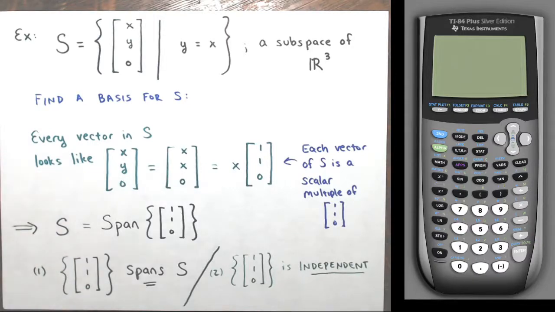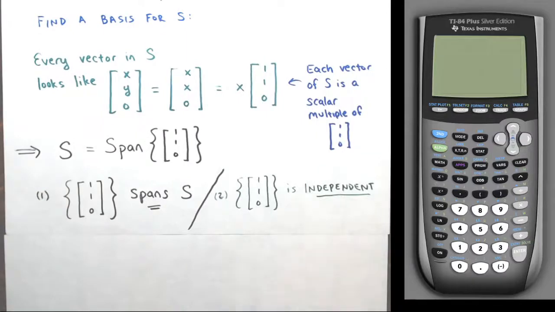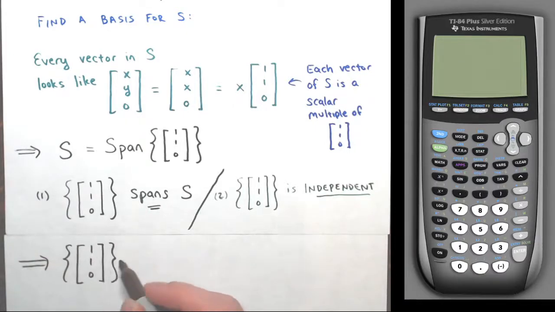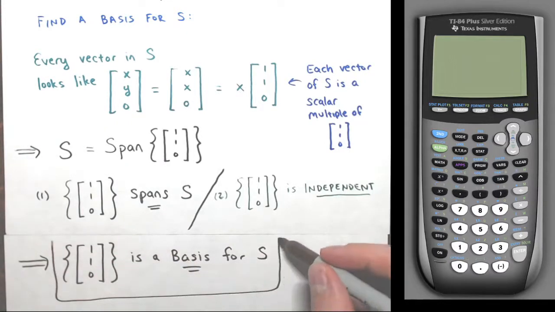So this set, I will bring a new page because I don't have any more room to write, this set with the vector 1, 1, 0 in it is a basis for that vector space S, that subspace of R3 called S. Great. All right, I'll put it in a box. That's my answer.